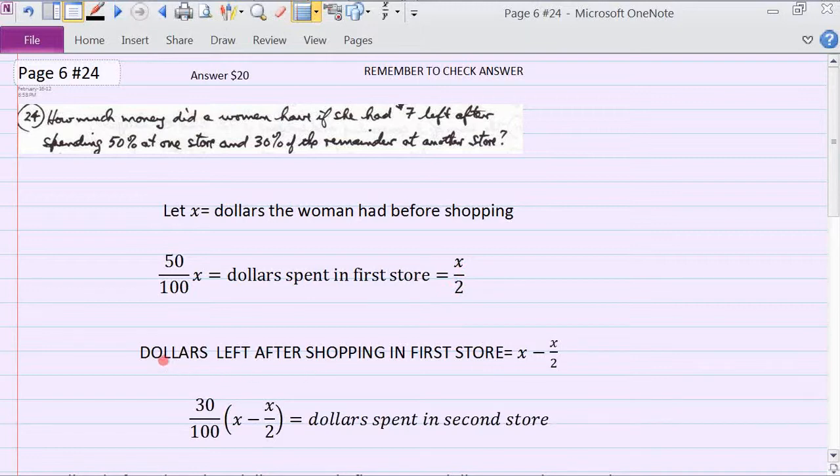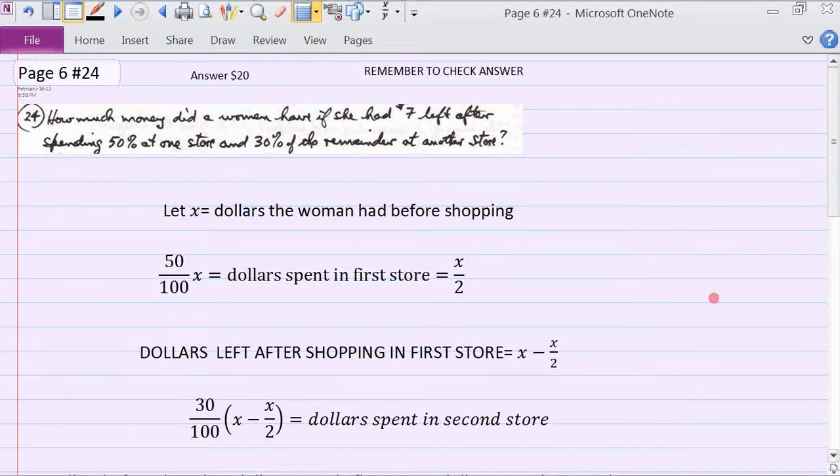Now, how many dollars did she have left after shopping in the first store? Well, she started with X, but she spent half of it in the first store. So she was left with X minus X over 2. It says here she spent 30% of the remainder in the second store.